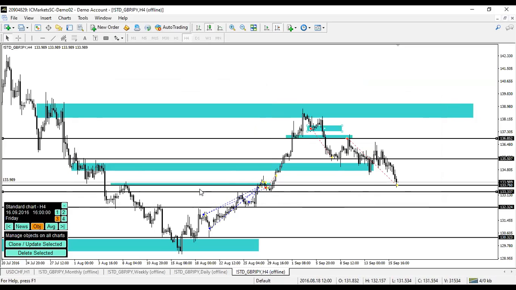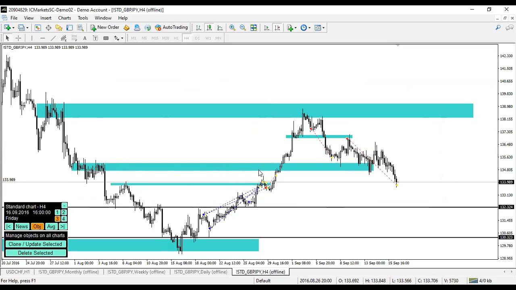Now this is another strong level of support that price recently broke here. So we see how price behaves at this level, and let's remove these levels first and then draw the fresh levels again.